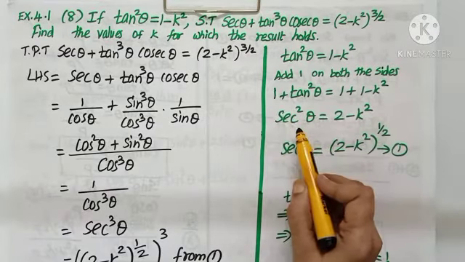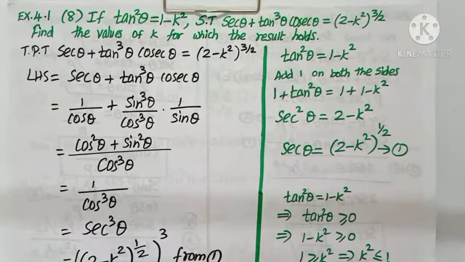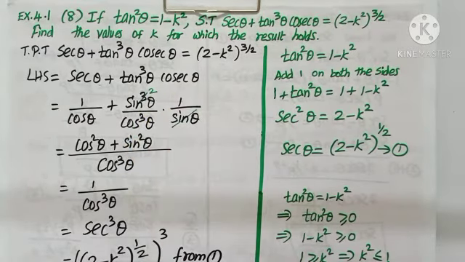What is asked? Let us start with LHS. Secant can be written as 1 by cos. Tan cube can be written as sin cube by cos cubed. Cosecant can be written as 1 by sin theta. 1 sin and sin cube we can cancel. As I cancel, it becomes sin square theta.